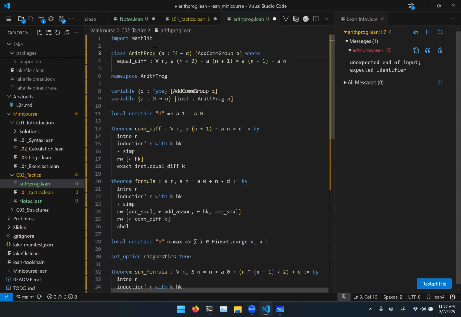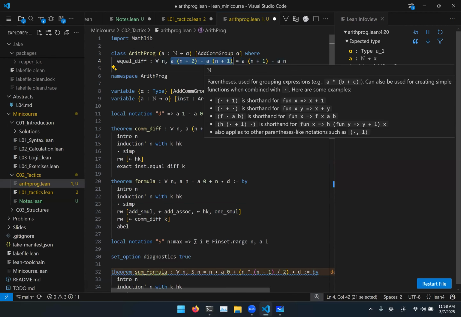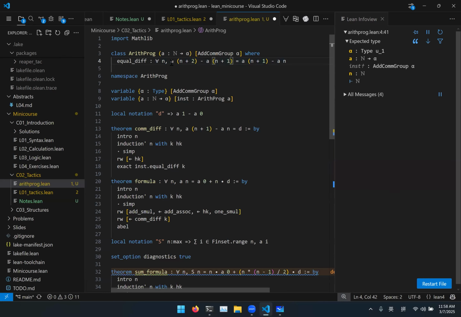So here, what we actually do is define something called a series, and on top of series, we define something called an arithmetic progression, where the difference between consecutive elements is the same.